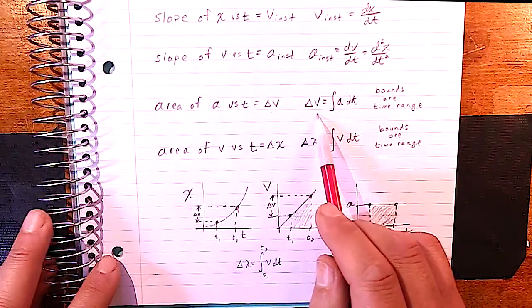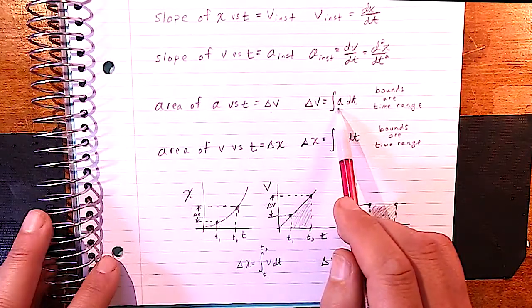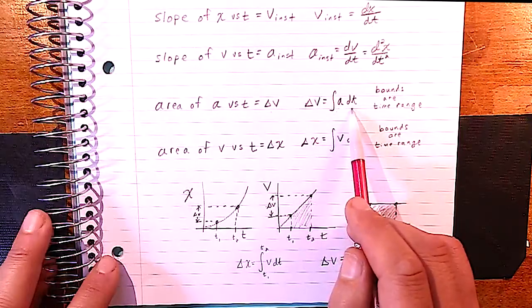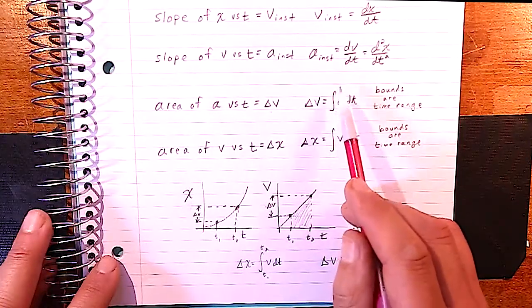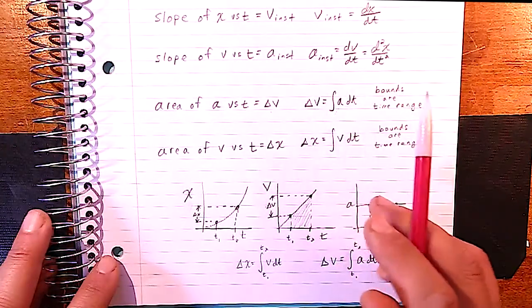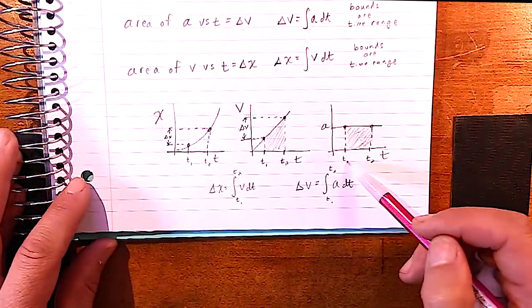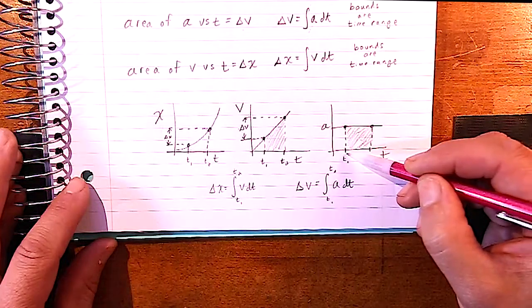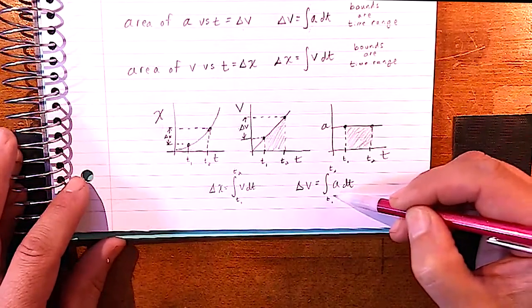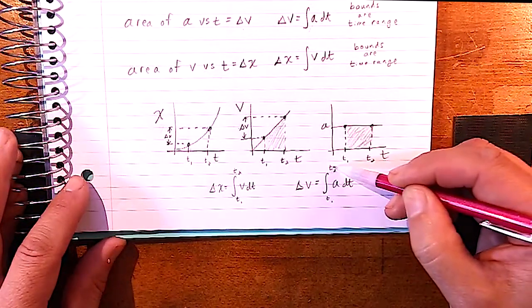So the change in velocity is the integral of acceleration with respect to time. These bounds are what we choose them to be. So for example, on an acceleration time graph, if we chose from t1 to t2, our integral would be t1 to t2 here.